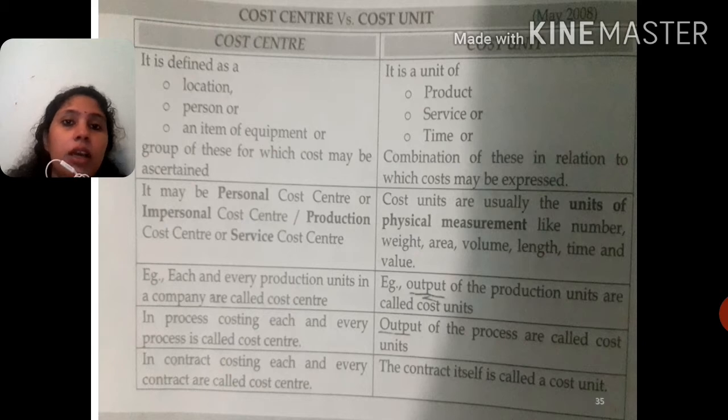And we need to put in some chemicals, which can be measured in terms of gram, kilogram, etc. Finally, we get the product, that is soap. Soap can be measured in terms of numbers. They are trying to say that the output of the production units is called cost unit.